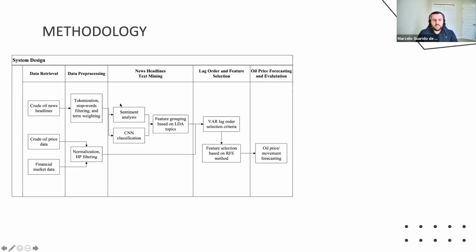They do some sentiment analysis and convolutional neural network classification. And then they do LDA, which is a clustering method to divide those words into topics. So they want to see if the news that has those words belongs to a specific topic.